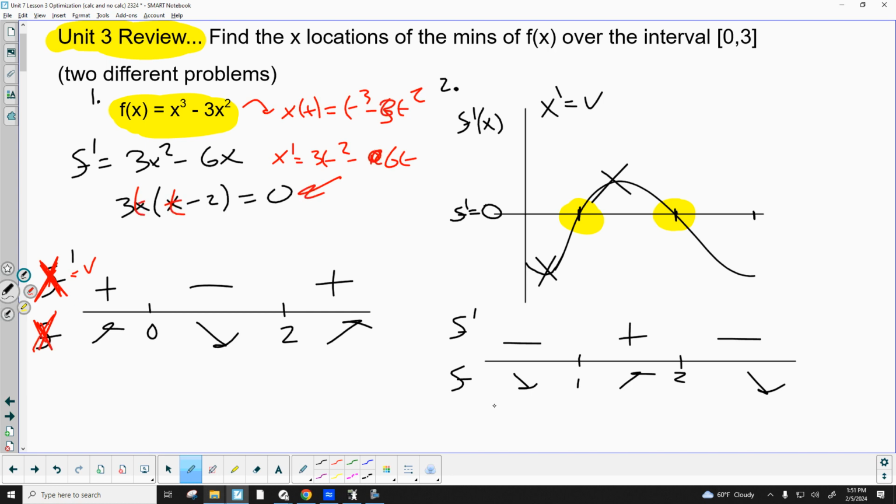The fact that we're talking about positions, no, it's really just like an f. The fact that we're talking about motion, it's just like an f and an f prime and f double prime. What has been the new thing that we have added to this sign analysis? That's really the one new thing that you guys are learning. Tell your neighbors.